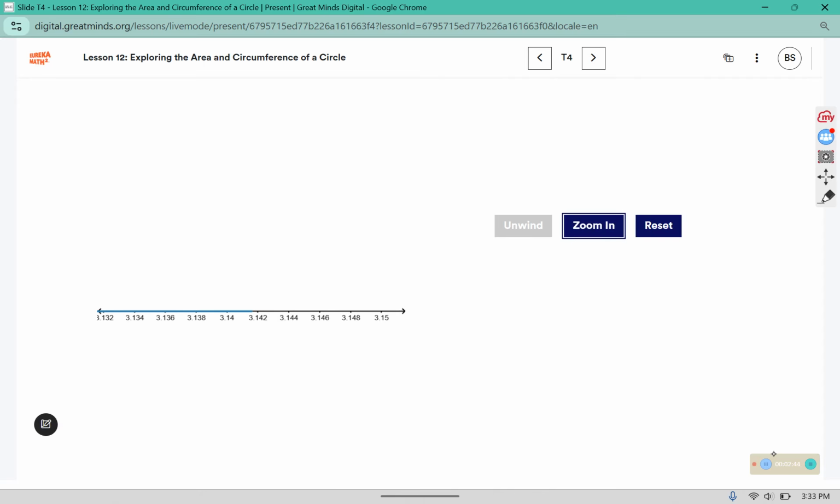So it's in between 3.14 and 3.142. And we'll continue to zoom in and zoom in. And it's never going to line up perfectly on any of these place values. So even if we have 1, 2, 3, 4, 5 decimal spots, it still isn't lined up perfectly.